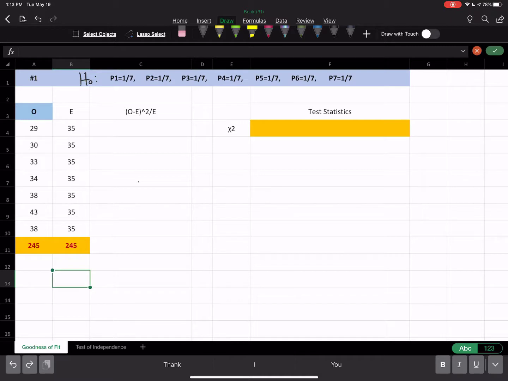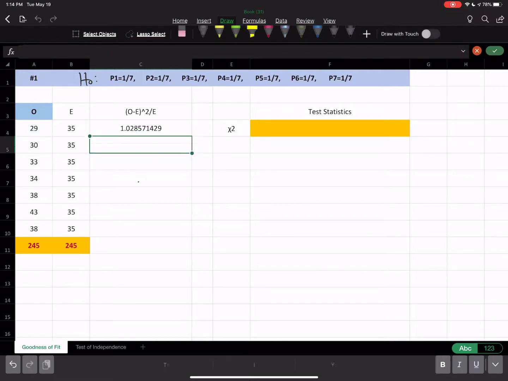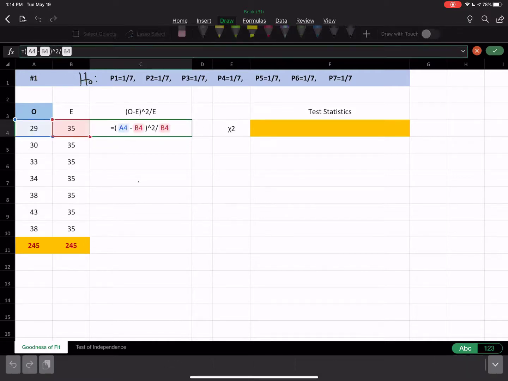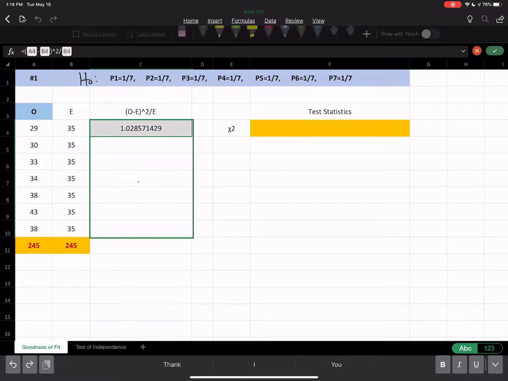Okay, so now it's time for us to calculate the test statistic. The test statistic would simply be (O minus E) quantity squared, divided by E. Then I copy that down and fill it.